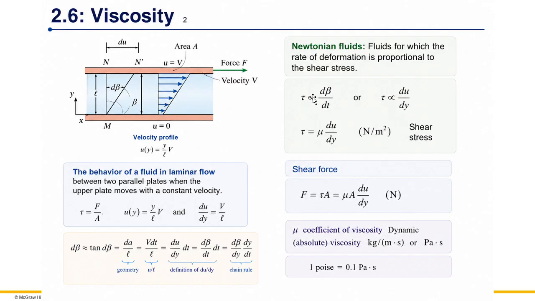And if you remove the proportionality, we have to introduce a constant, and that constant is called the coefficient of viscosity, or the dynamic viscosity. This equation, tau is equal to mu times du by dy, is called Newton's law of viscosity.